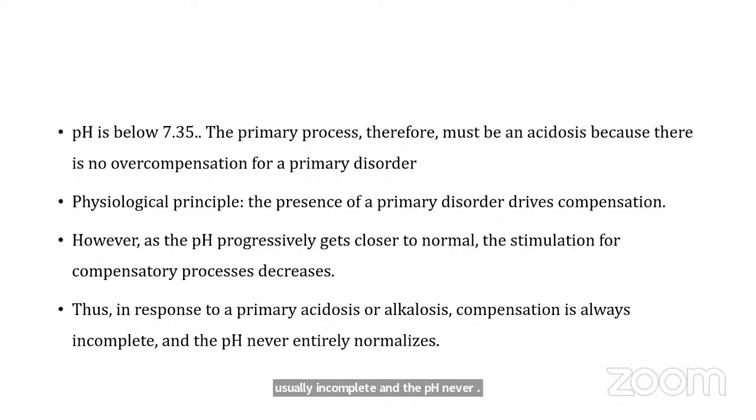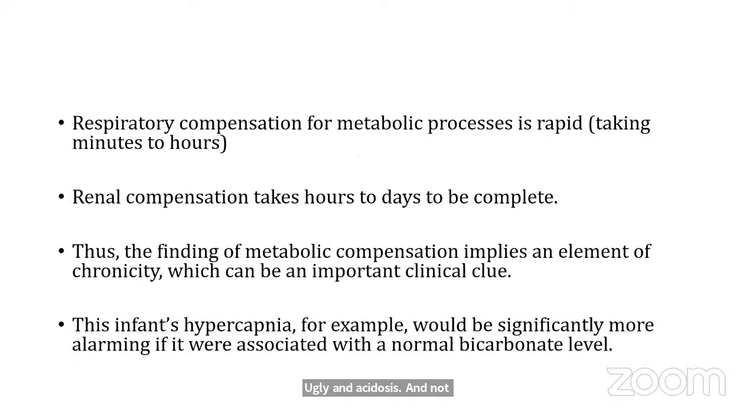So if we see a pH of 7.32, it is probably an acidosis and not an alkalosis with compensation, right? Now, for a metabolic process, there is respiratory compensation, and respiratory compensation is very rapid, within minutes to hours. Whereas for a primary respiratory process, the renal compensation takes hours or days to be completed.